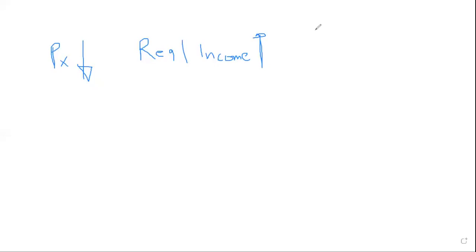Depending on the type of commodity, the commodity we know can be a normal good or an inferior good. We know this. So if the commodity is a normal good, then with an increase in real income, the consumer is going to purchase more of X. So the quantity of X will go up.